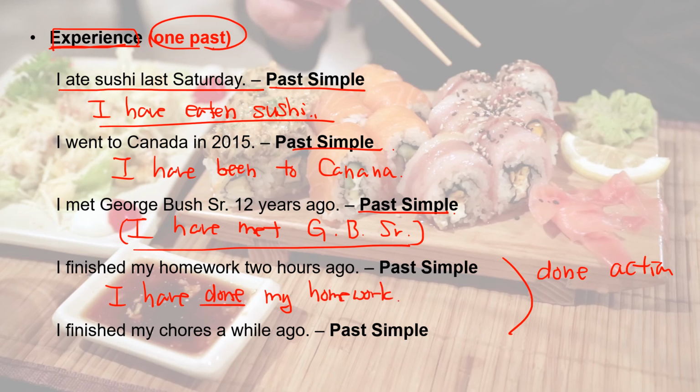So you started it, and then at this point, you're done. So you can say, I have done my homework. If you want, you can put time. I finished my chores a while ago, and you can tell your mom, I have finished my chores.